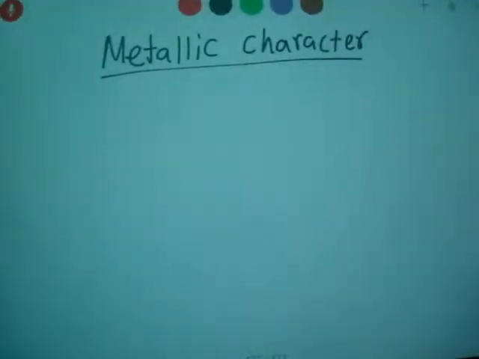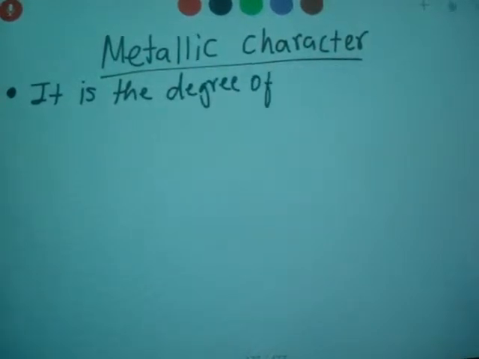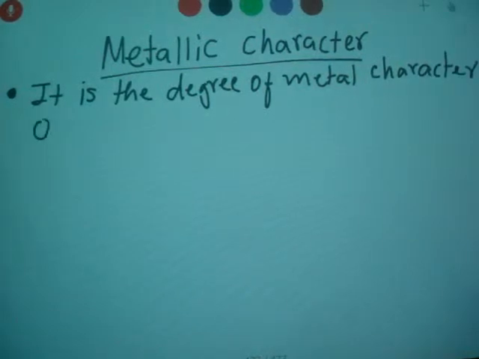So metallic character is the degree of metal character of an element.